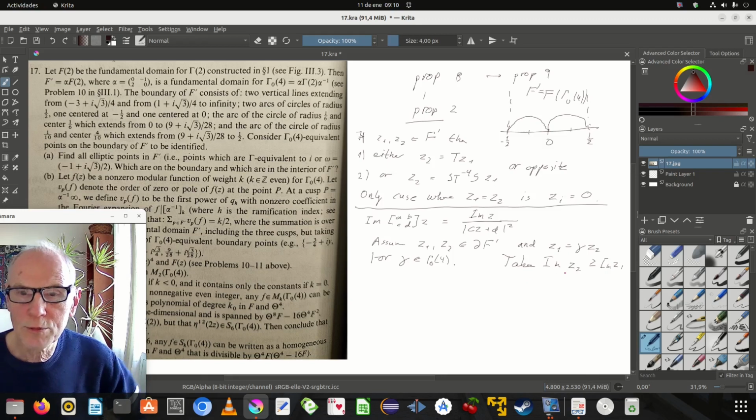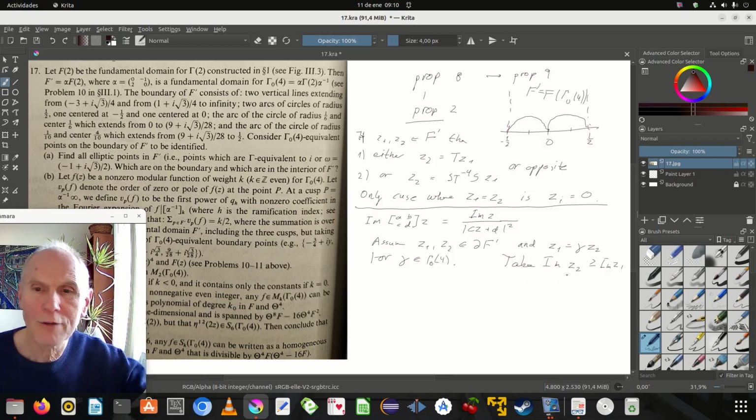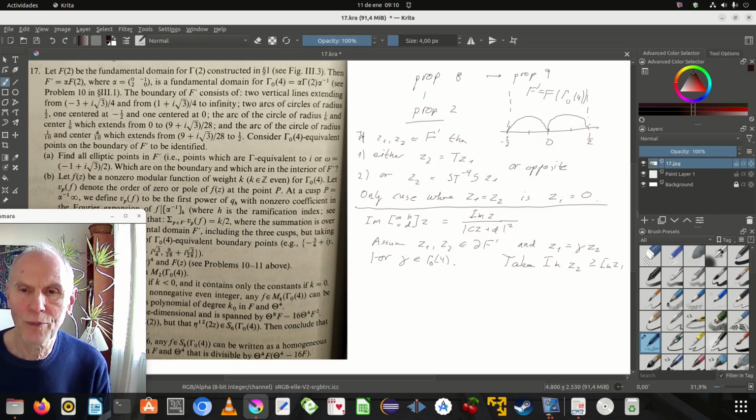Right, so we assume the imaginary part of z2 is the larger. So if we put z1 in here, it's the imaginary part of z2. That is larger. That means that the absolute value of c z1 plus d is less than unity.